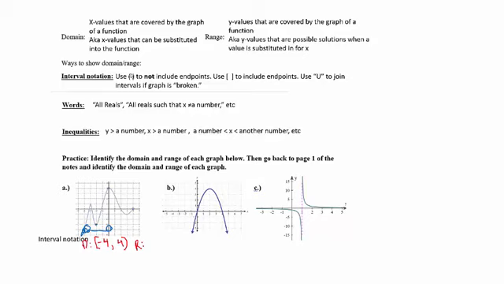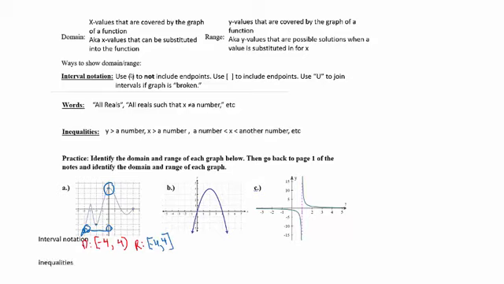So the lowest y value is -4. And it goes up all the way to +4. So they both are solid dots. They're both inclusive. So we're going to say -4 is where it starts, and it goes all the way to +4, but this time the dot is solid, so we're going to use a bracket.